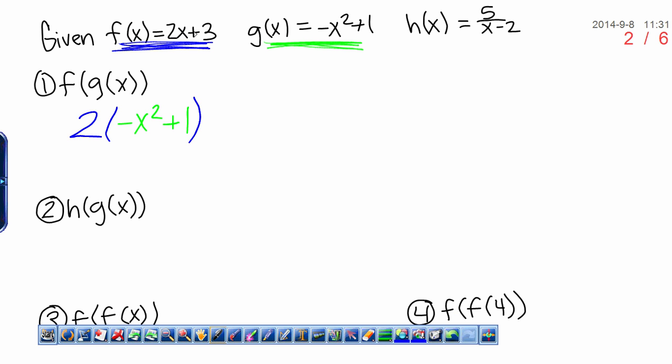So f of x is 2x plus 3. So I've done 2 times my input, and then what am I going to do? Plus 3. You see that? From here, we're just going to simplify.